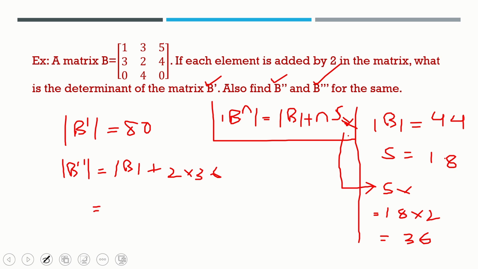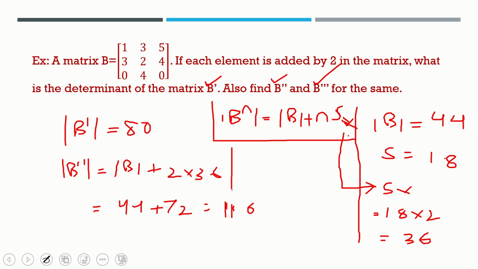It will be what? 44 plus 72. You will get 116.